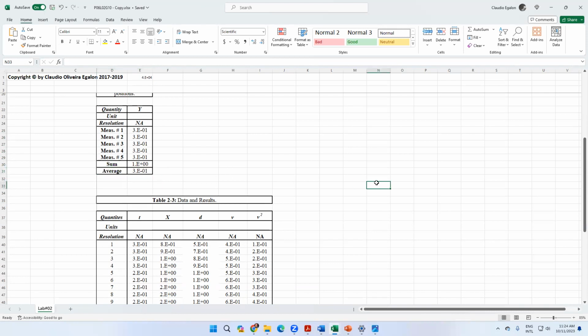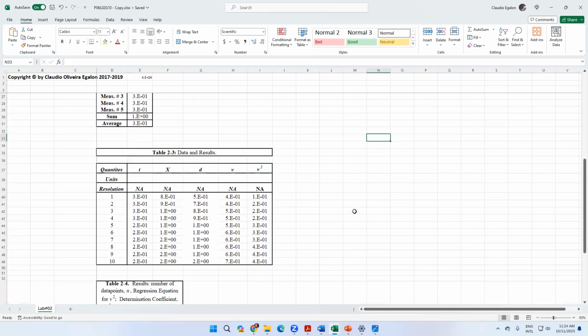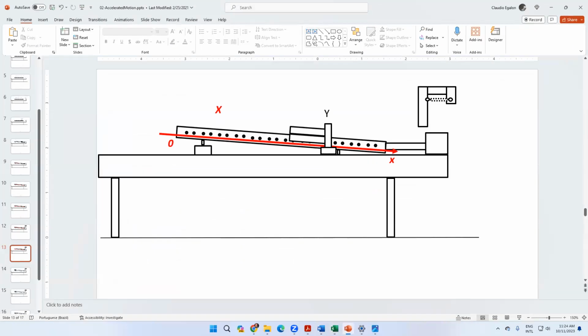Now recall that we use the photo gate to determine the time frame, and I'm going to tell you what time frame I'm going to determine here. This experiment is done in the following way. We bring the cart uphill to the first position and release the cart.